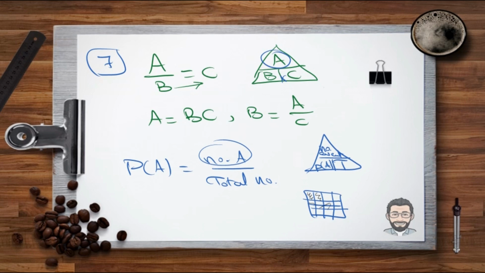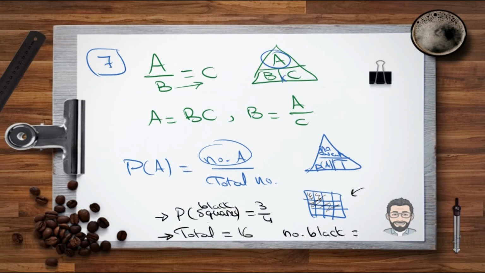I said that the probability of shading some squares, the black squares, is 3 over 4, and the total number of squares, all of them together, is 16.